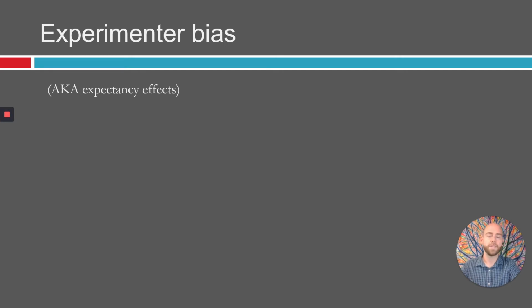Kind of related to demand characteristics, but on the other side of the coin, are different kinds of experimenter biases. Sometimes these are called broadly expectancy effects. And just like participants might expect a particular outcome when something happens to them or when you're relating two things in a study, obviously experimenters are expecting particular things to happen in particular conditions.